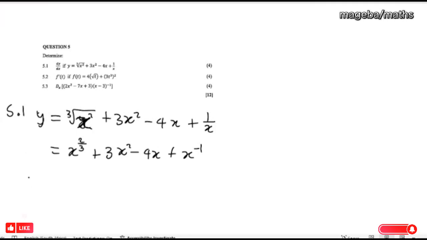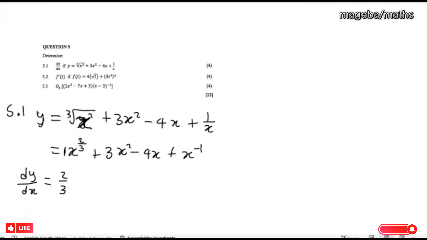So deriving this, dy over dx is going to be equal to, now this thing here times 1, it's going to give us 2 over 3.